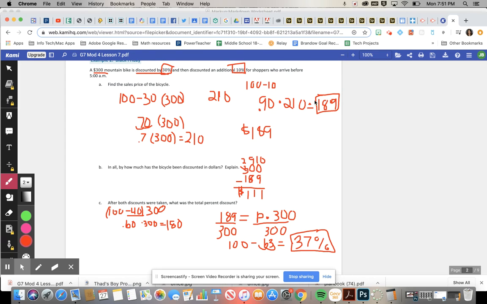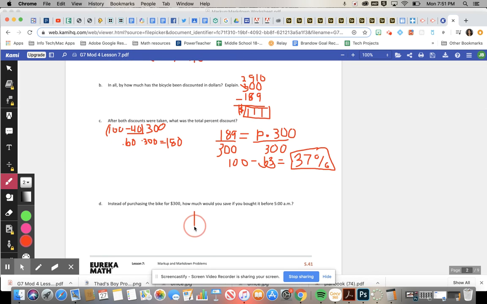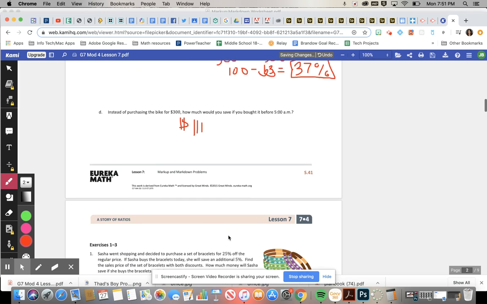So the price of it with those discounts is $189, and we already figured out how much we'd save. We did that subtraction here. So we're going to end up saving $111, if we buy it before 5 a.m.